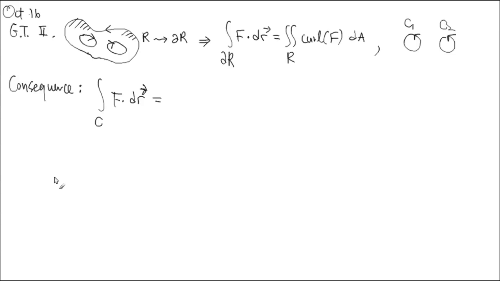Not C1 prime, that's just simply C1. Then integrating outside is the same as integrating inside separately like this. And the integrand is the same, so I'm not repeating that. That's an important consequence. So rather than going around like this, you can go around inside clockwise 2 times. Or if you have only one hole in there, you can just go around 1 time. And that's the same thing.